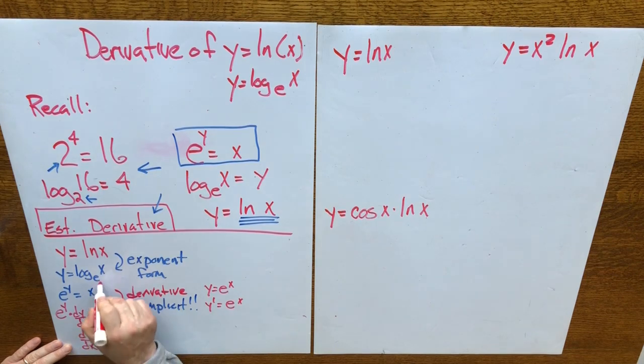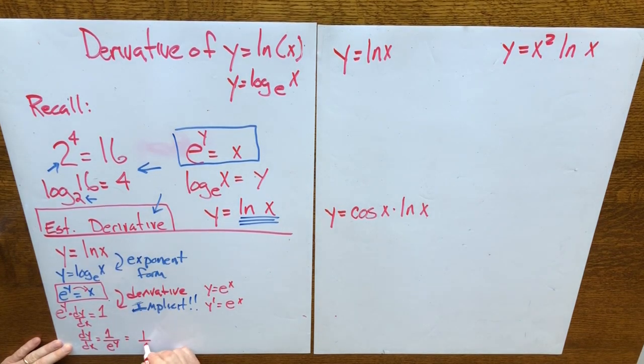And if you look up here, there's a really nice value for e to the y. E to the y equals x. So the derivative is just 1 over x. If y equals ln x, then y prime equals 1 over x.